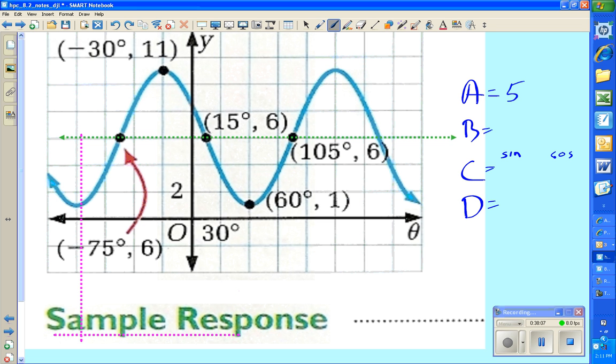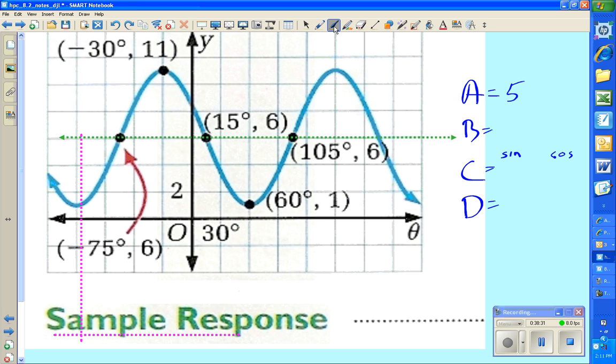How do you find it? Okay, we need to be able to explain it. How do you find B? What's the formula? It's a real easy formula. 360 over the period. So in order to figure out that B is 2, you got to find the period.